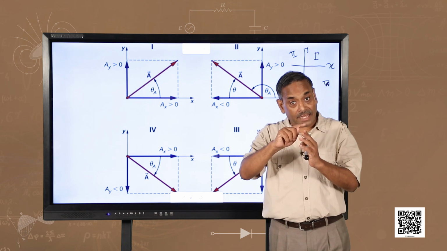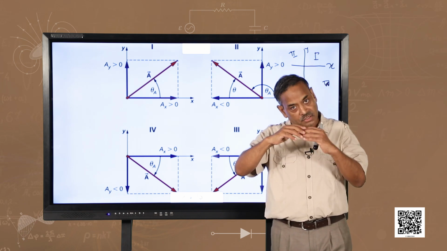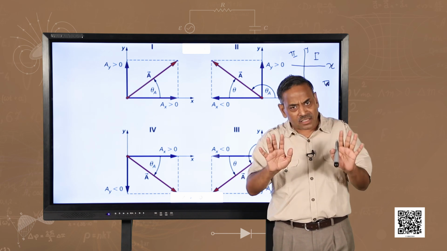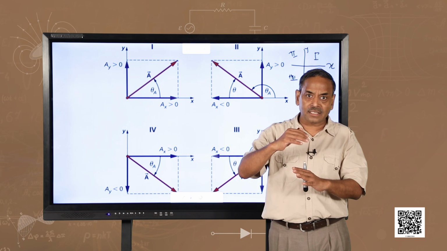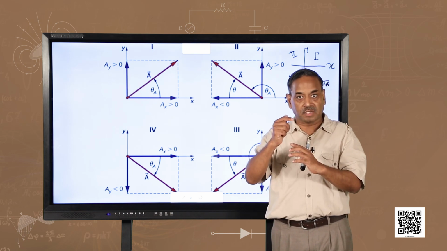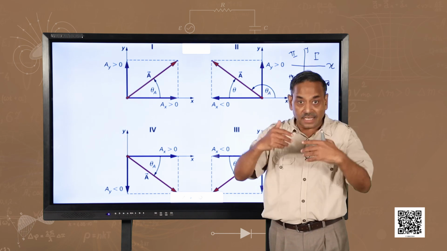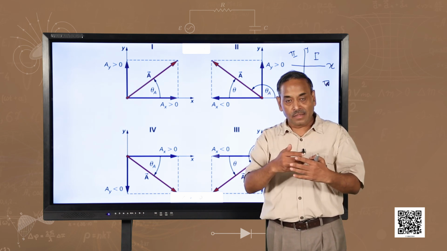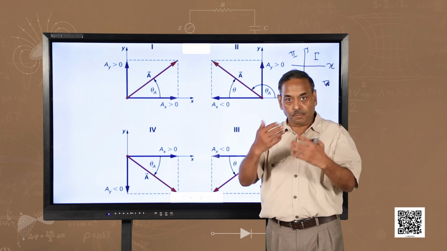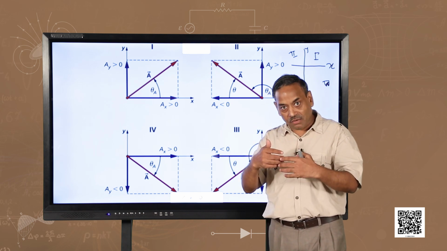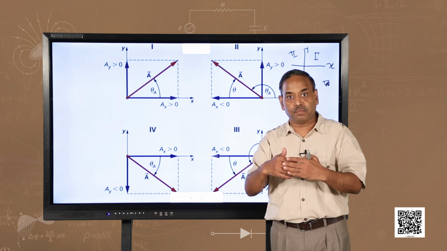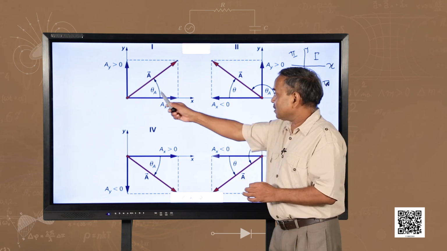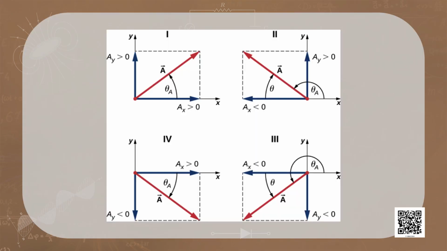The angle, as far as possible, is in general taken from the x axis. This is a convention. However, there is nothing wrong if we take it along the y axis, but then we have to say it specifically, as we do in the case of rain etc., when we take relative speeds. You have done it in the last chapter too. But in general we try to take it with the x axis and then clockwise and anti-clockwise. So in this case it is anti-clockwise, and in this case it is clockwise.